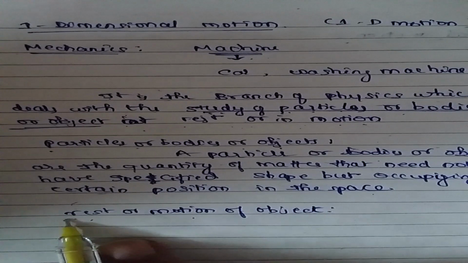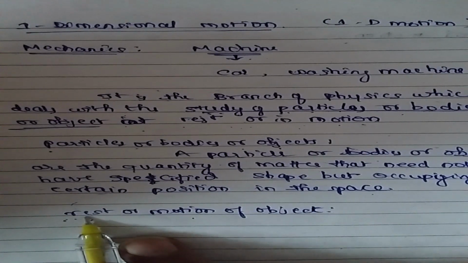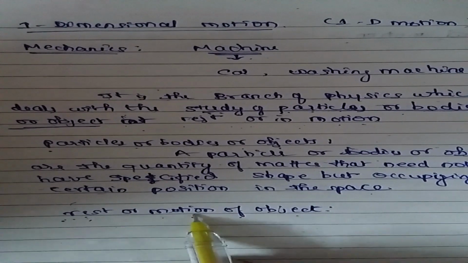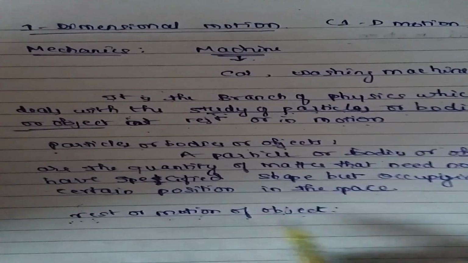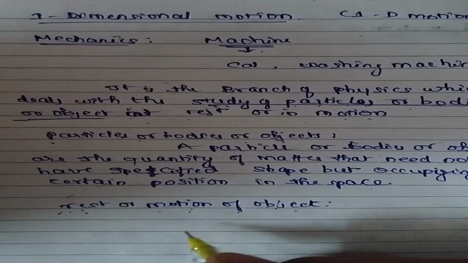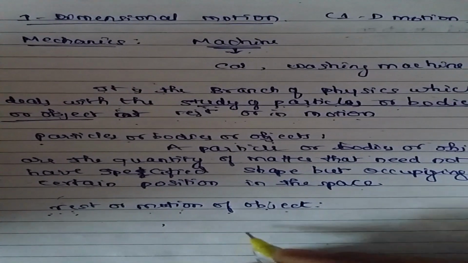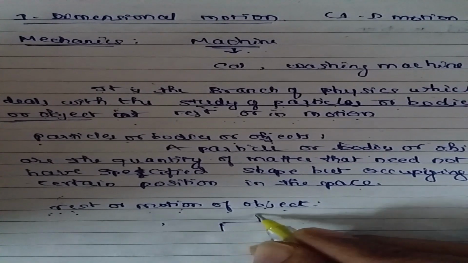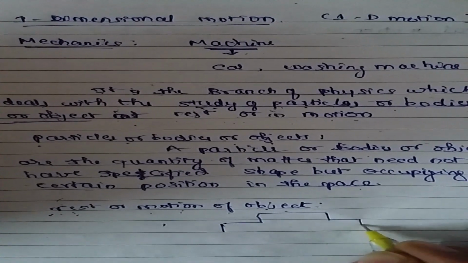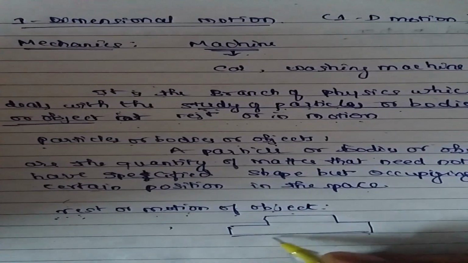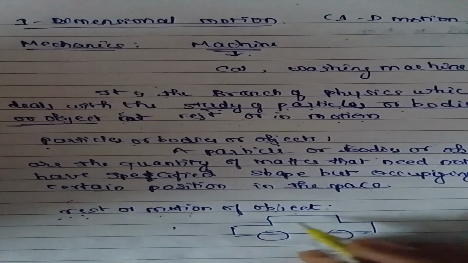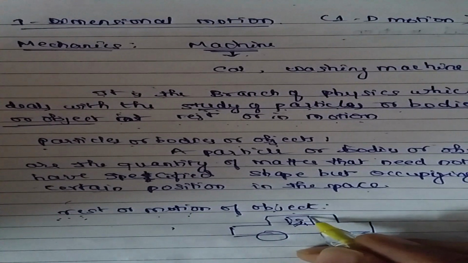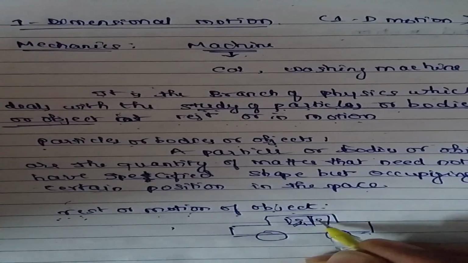Okay, so before going to the definition of rest or motion of the object, it is necessary to know on which factor this rest and motion depends. For example, we can consider the motion of a train or the motion of a car. Suppose here there is one car, inside one driver and one passenger.